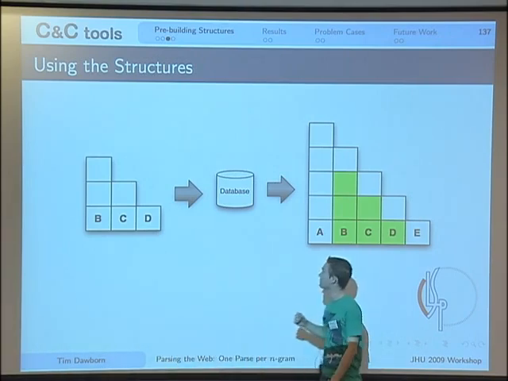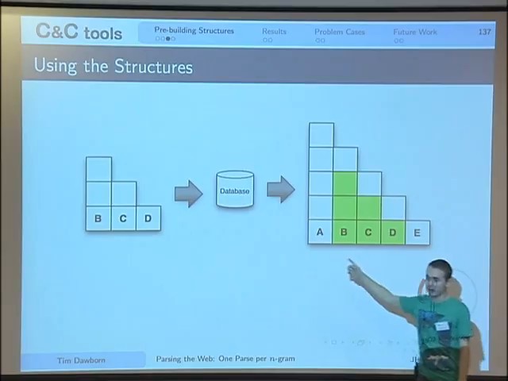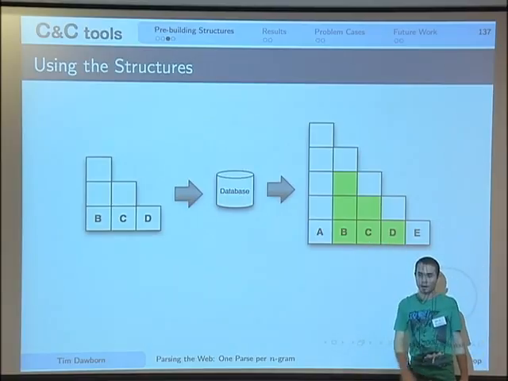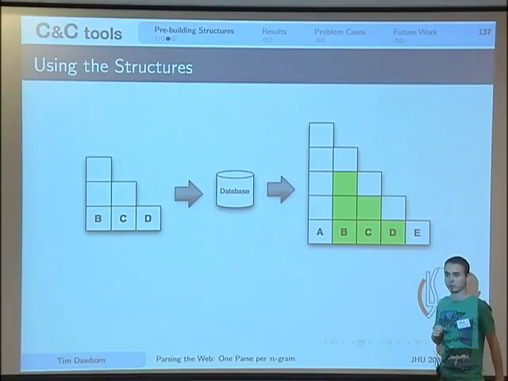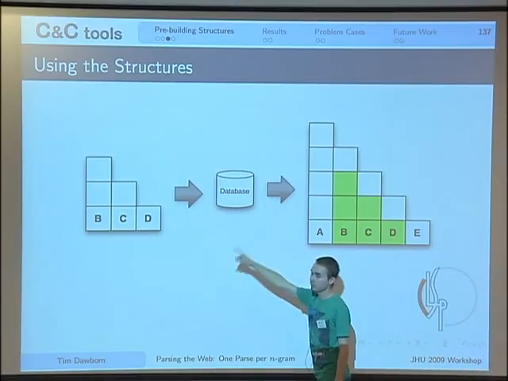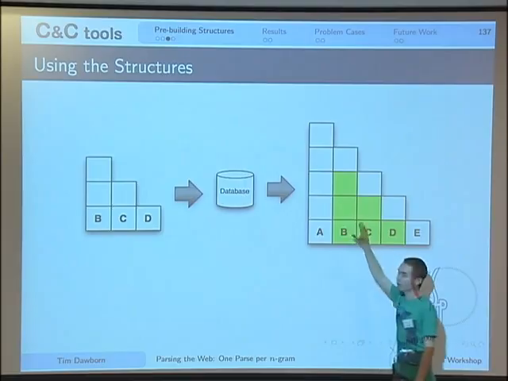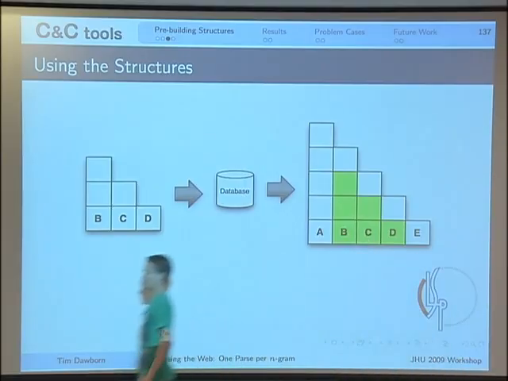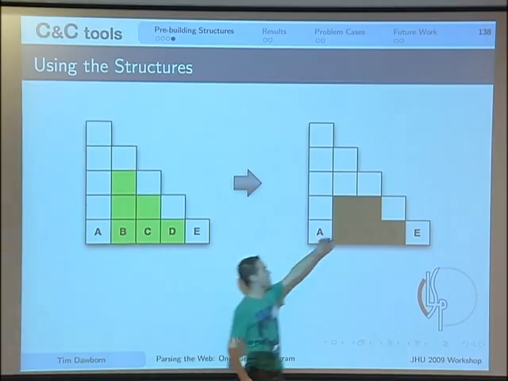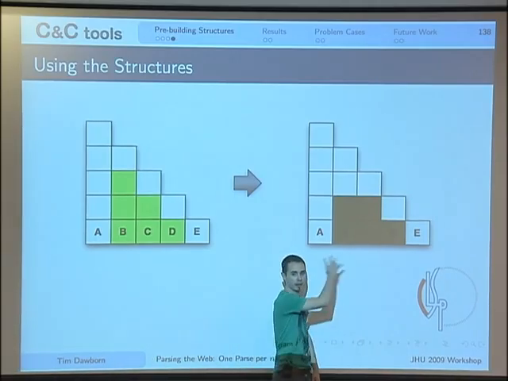At some later point in time, when we see the sentence A, B, C, D, E, we say, okay, we don't want to bother parsing BCD because we assert that it's only one possible derivation. So we grab from the database this initial structure, plonk it in, and we block out all the cells below it. We totally count them out of the chart.